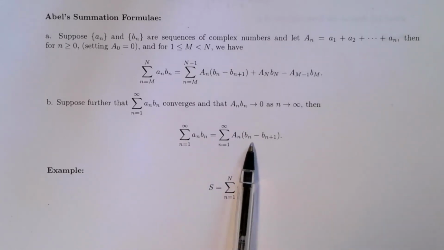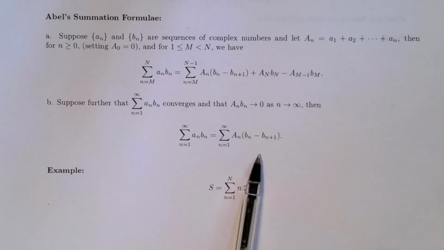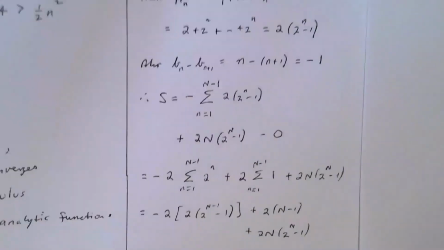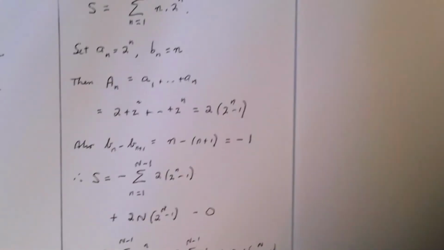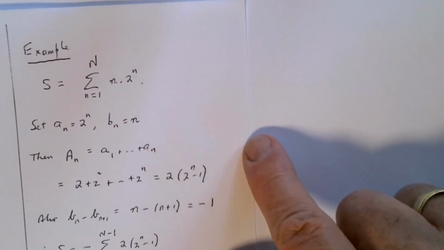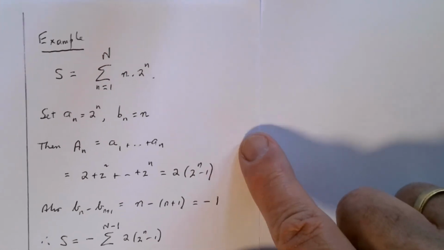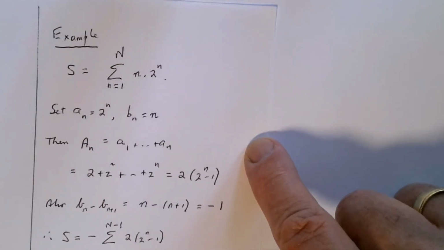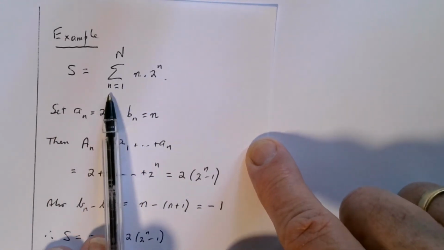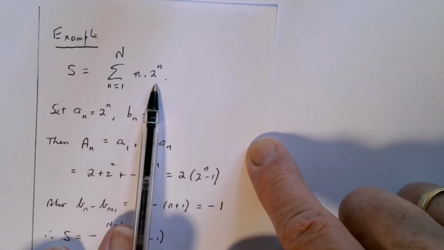And before I do a proof of this, I thought I'd just do a quick example to show you how it works. This is not the most elegant way or the simplest way of summing this particular series. I'm sure you can come up with much better ones, but it's just an example of how this summation formula works. So we've got S as the sum from n equals 1 to capital N of n times 2 to the n.